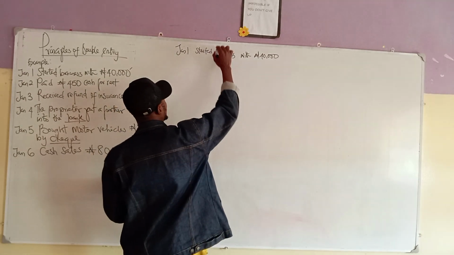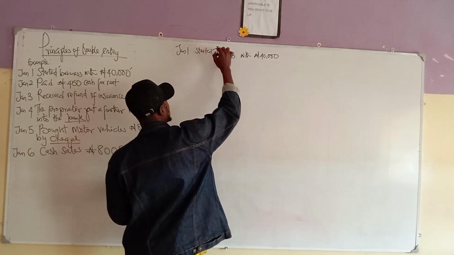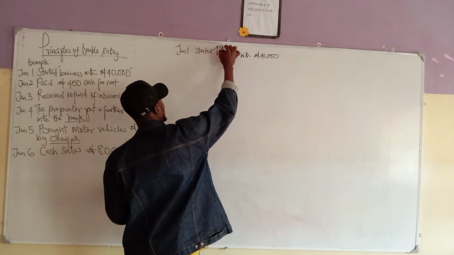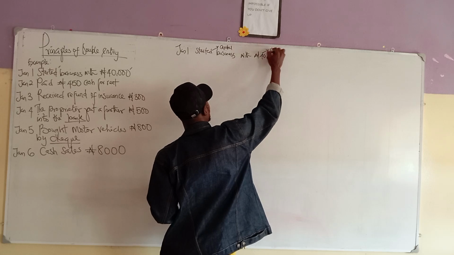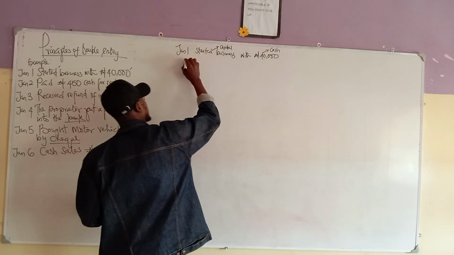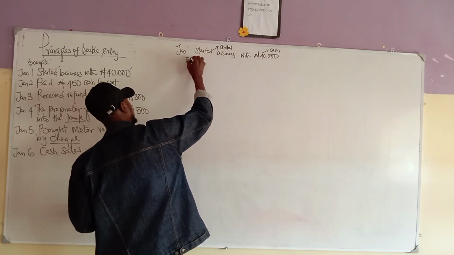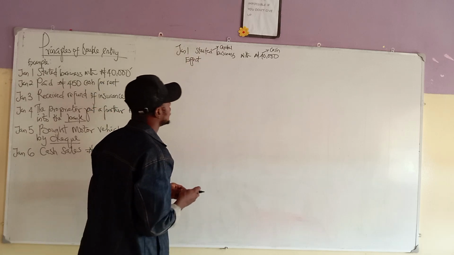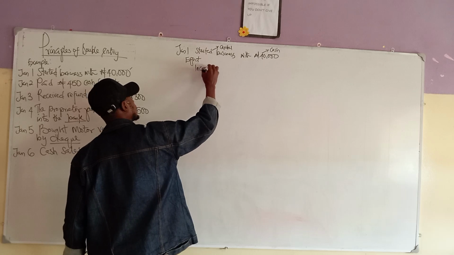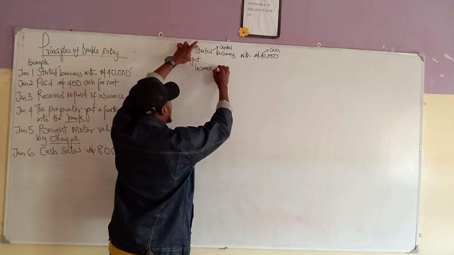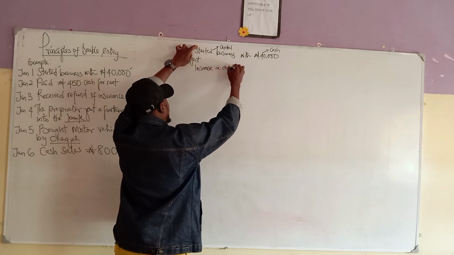Now let's look out for it. This started business, as I said, is capital. And the money that was introduced is cash. Now, what is the effect of this transaction? We have two effects. Number one, there is an increase in capital.